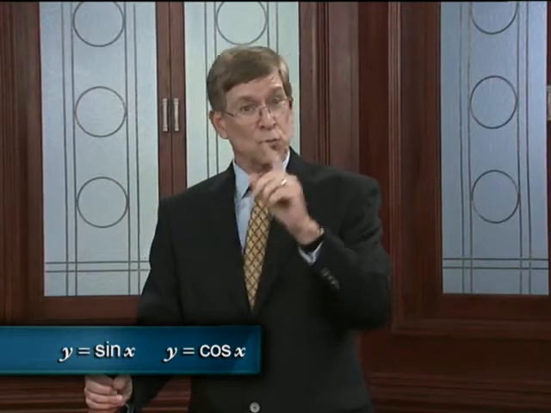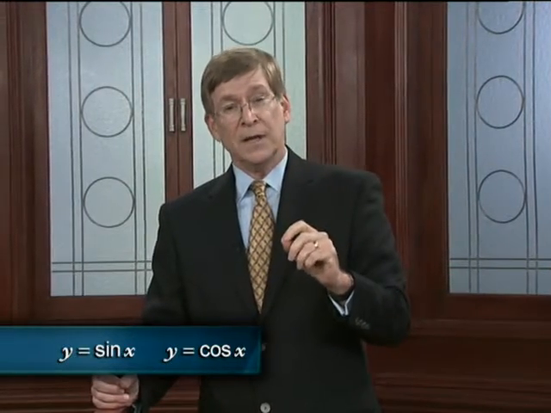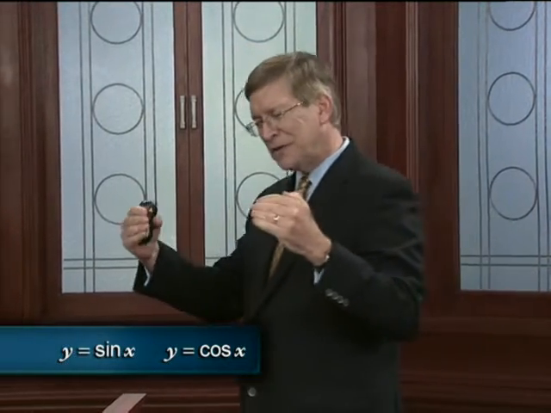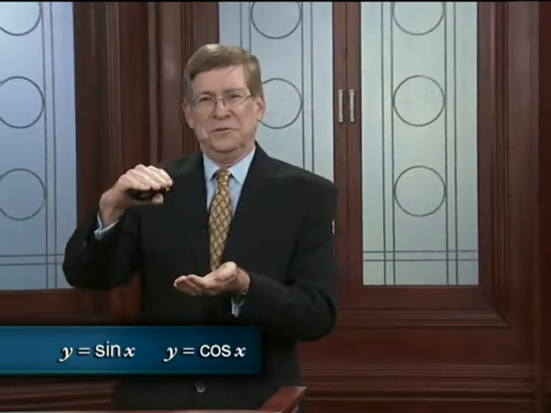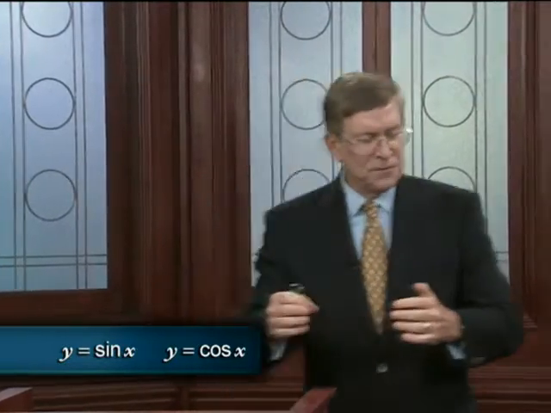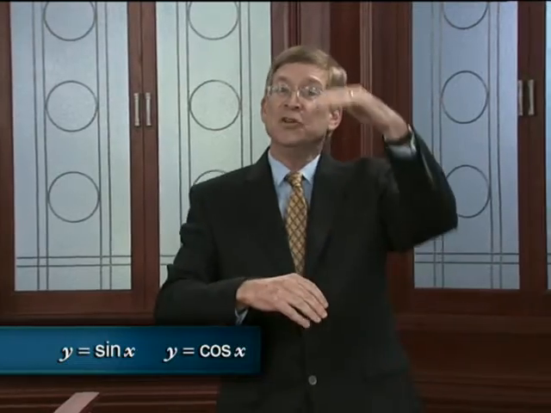The amplitude is 1 for these functions. Then we spent a lot of time changing the amplitude, changing the period, shifting them horizontally, and then shifting them vertically. And all of those involved more complicated expressions, but the bottom line is they all pretty much look like sine functions or cosine functions, just moved around a little bit.